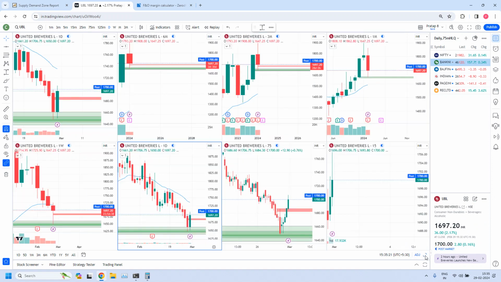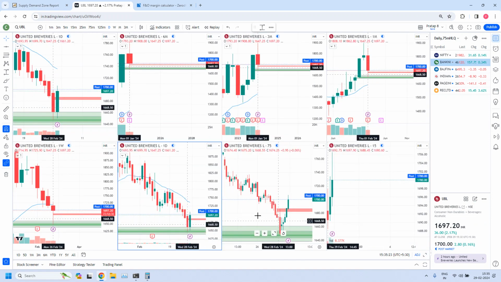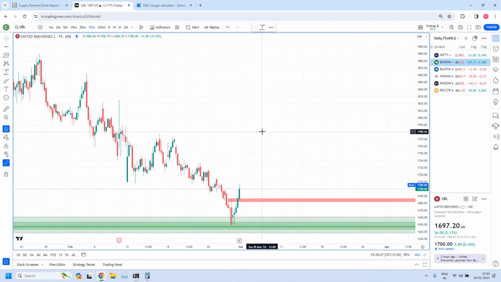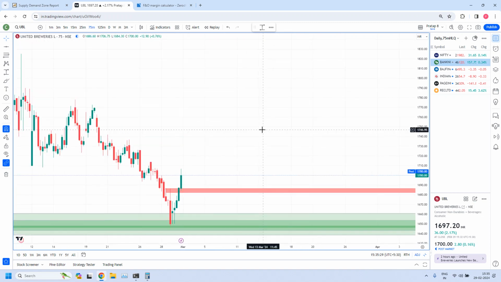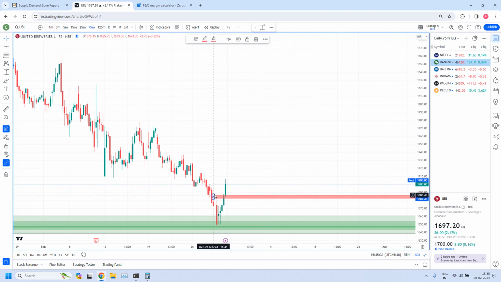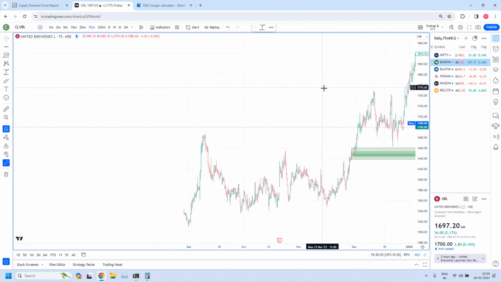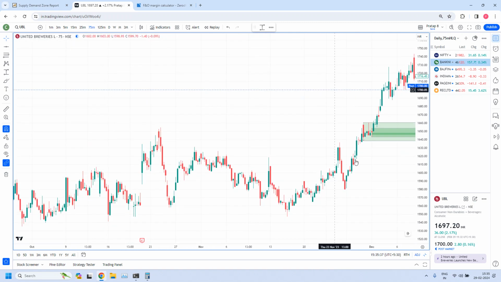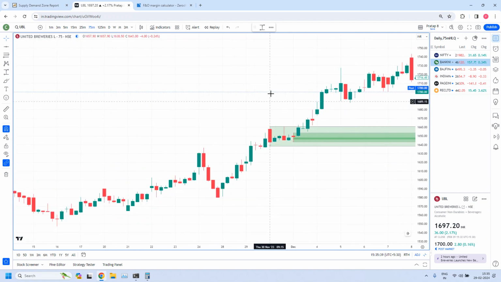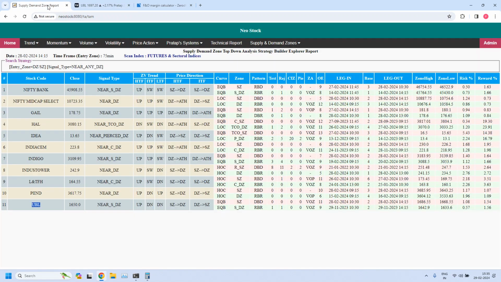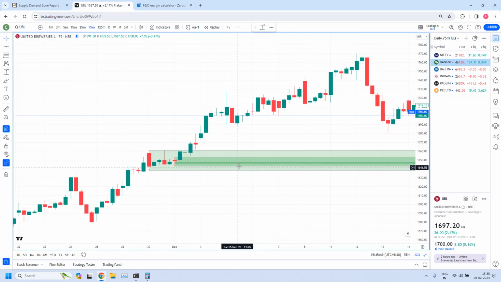We have to look for 75 minutes. I think previously we have drawn this. So where is the leg-in here? UBL 29/11, 10:30.